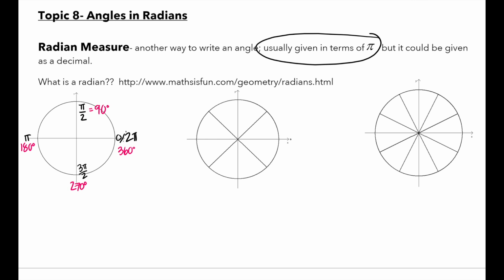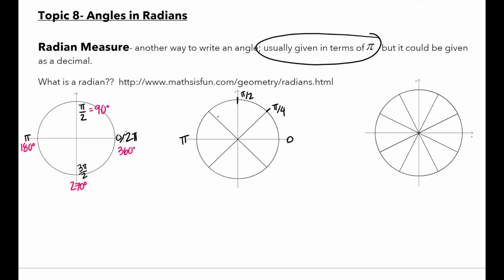Over here, once again, we have 0. All the way over here would be pi. And this time, if you look at the top half, we can see that it's been divided into 1, 2, 3, 4 sections. So one of these slices would be 1/4 of pi, or pi over 4. Halfway, we still have pi over 2.